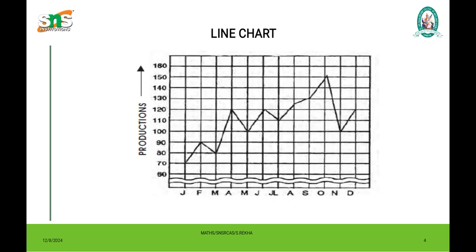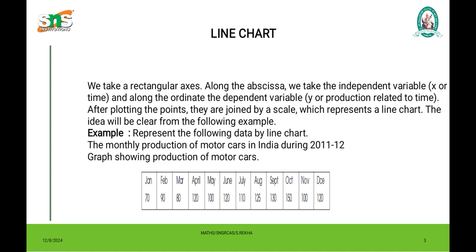In the line chart, on the x-axis you write Jan, Feb, March, like that. On the y-axis, according to the values, you write the scale: 10, 20, like that, or you can start from 60, 70, 80, 90. In January, what is the number of production?